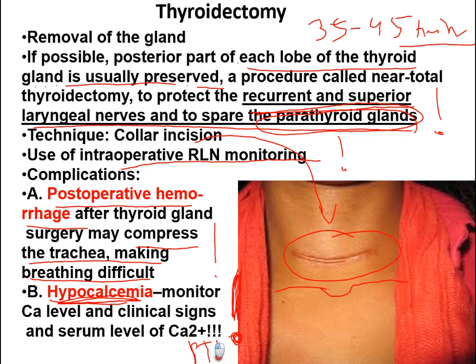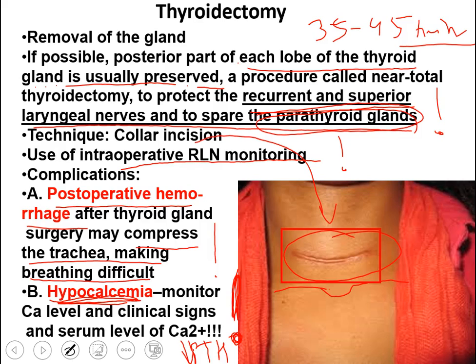This will require monitoring of calcium level and clinical signs of hypocalcemia within the first week after thyroidectomy. It is very important to monitor, because hypocalcemia may lead to serious consequences and may potentially cause death of the patient. This is the end of the lecture on clinical anatomy of the thyroid gland, clinical correlates.